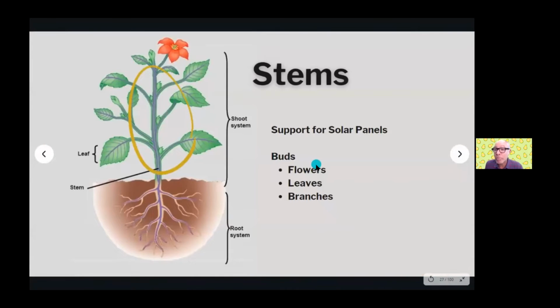Moving on to stems, we've covered some roots. Certainly there's tons more roots that we could talk about, but generally the ideas are the same.